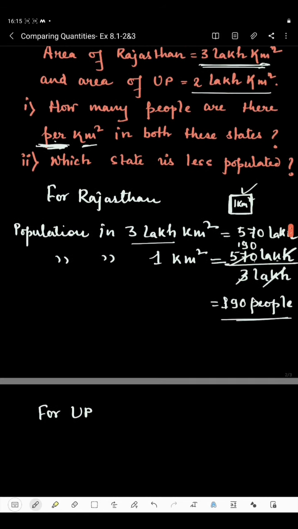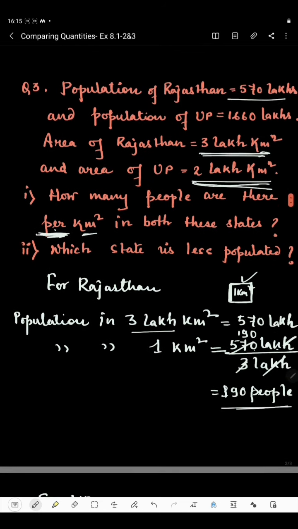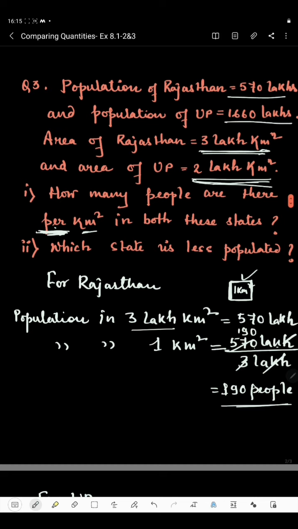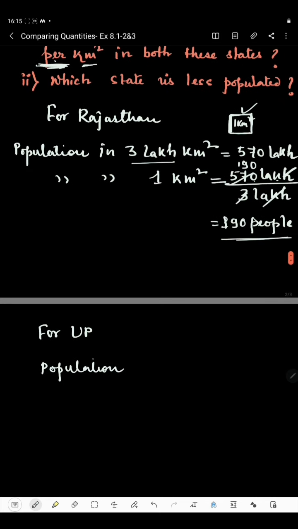So in 2 lakh kilometer square, the population is 1660 lakh.